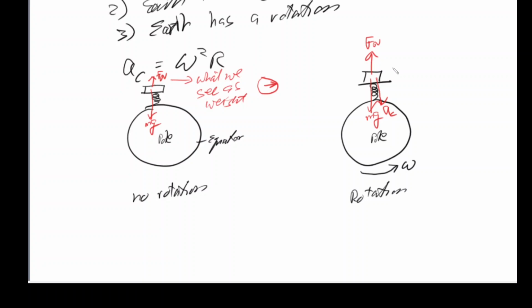So the centripetal acceleration causes a centripetal force, Fg, that reduces the reading on the scale that shows the weight, which is Fn. And that's why, because of the Earth's rotation, the observed weight is actually less than the actual weight. The actual weight will be correct at the poles where there is no angular velocity.